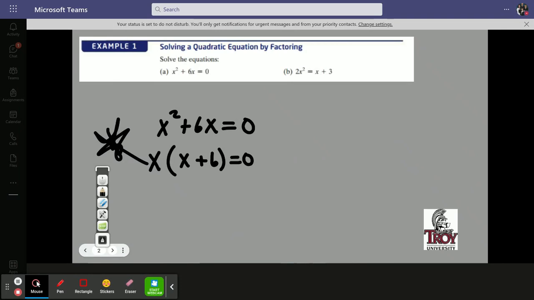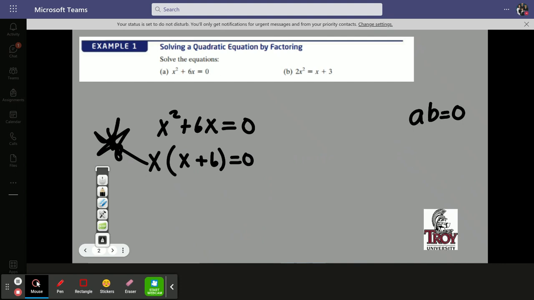If I have A times B equals 0, what do you know about A or B? For me to get a 0 out here, somebody's got to equal 0. If I'm multiplying, the only way I get 0 when I'm multiplying is somebody has to be 0, right?